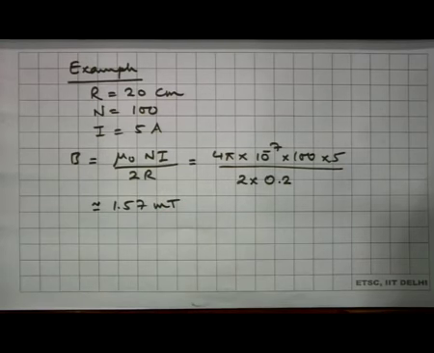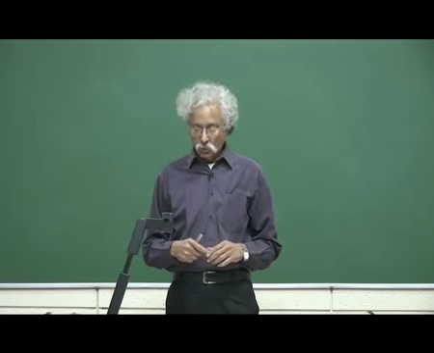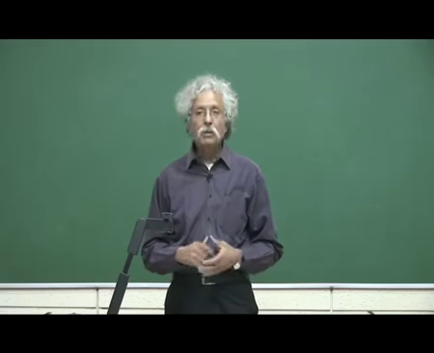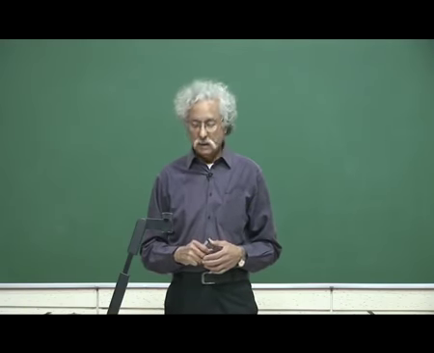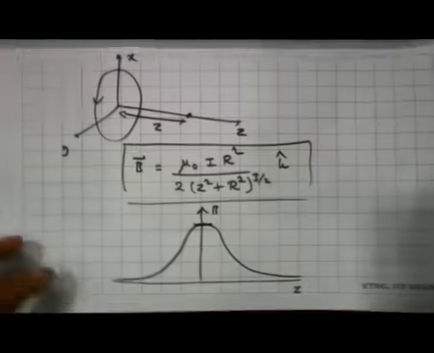So you can see if you have a 100 loop coil with 20 centimeter radius, you will get about 1.6 millitesla at the center of the coil.